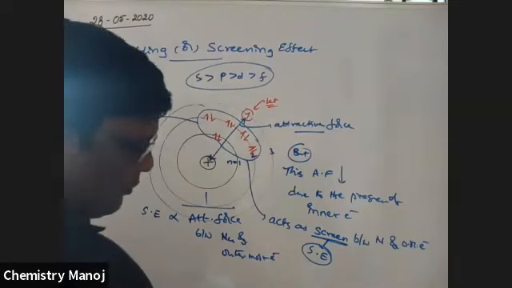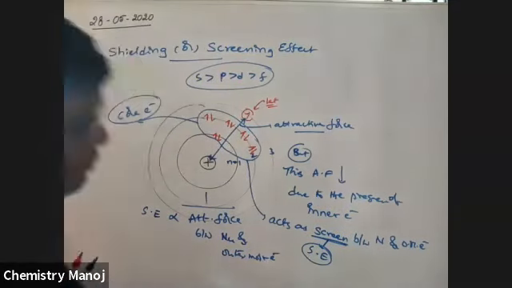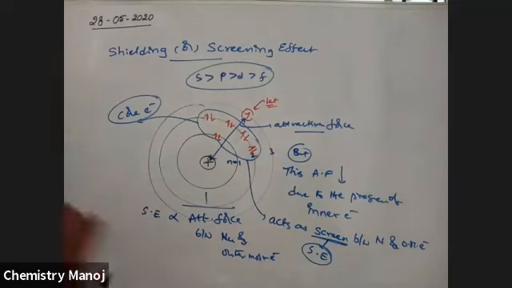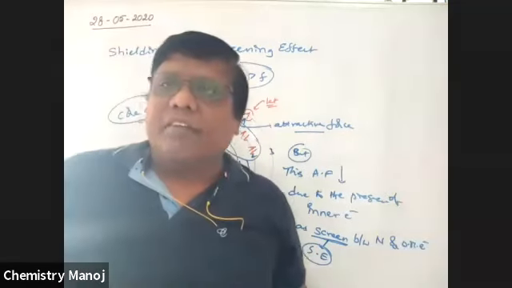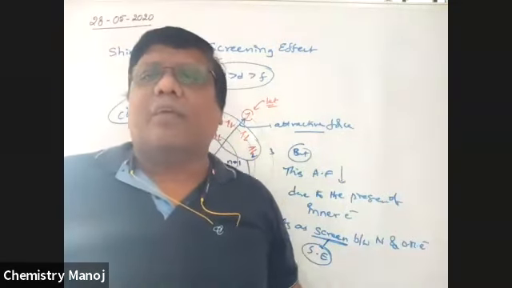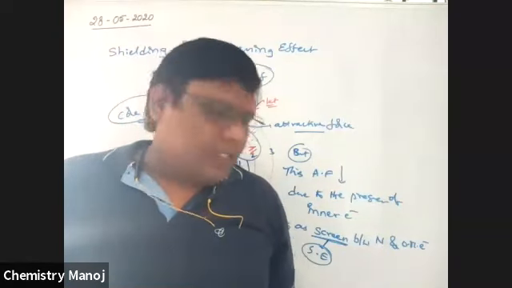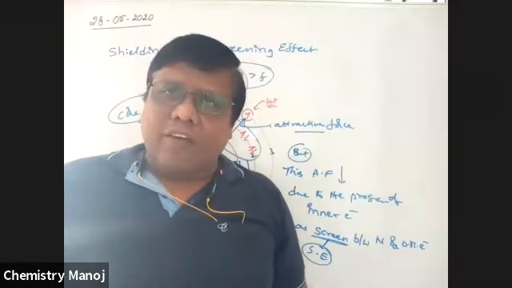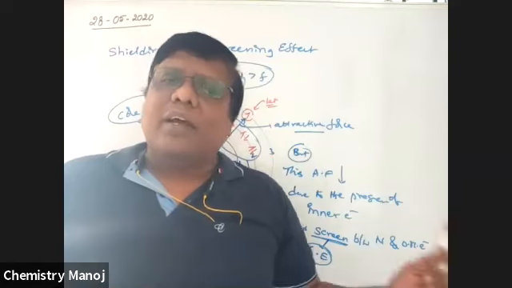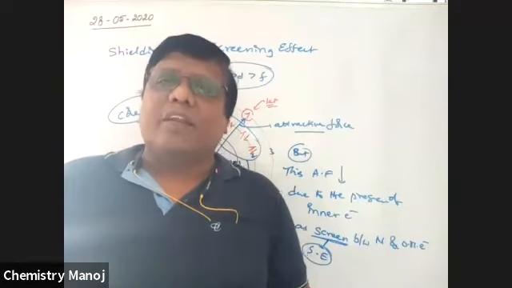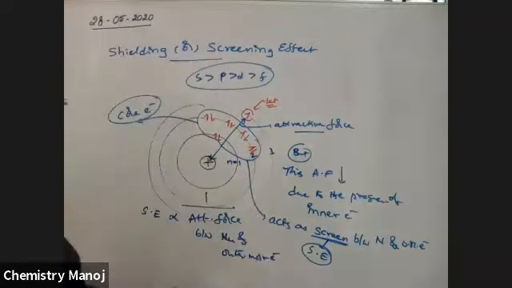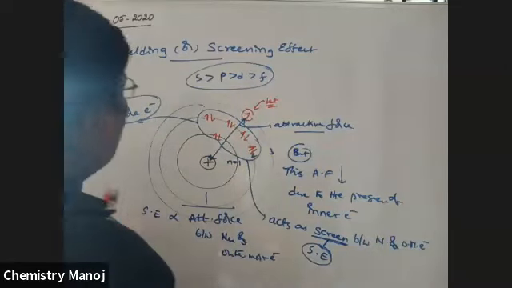Next important concept is exchange energy, and it is very important for the stability of different orbitals. Why are half-filled orbitals, or half-filled and fully filled orbitals, more stable than other conditions? That is explained on the basis of this exchange energy.